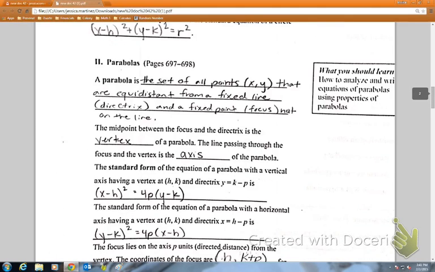And then parabola. A parabola, which is the one we're going to look at today, is the set of all points x, y that are equidistant, again, equal distances, from a fixed line, which is the directrix, and a fixed point, which is the focus, and that's not on the line. So if you think of a parabola that looks like this, there's some line down here called the directrix.